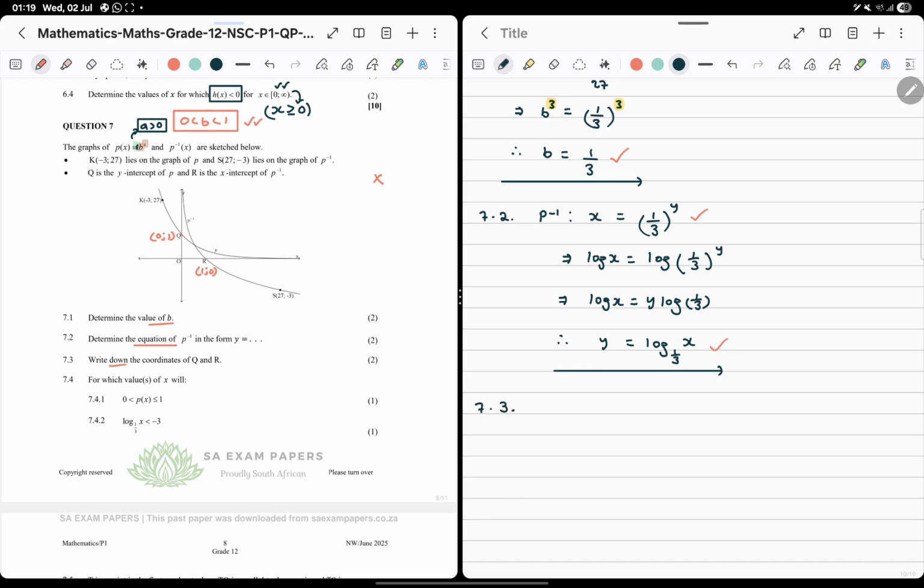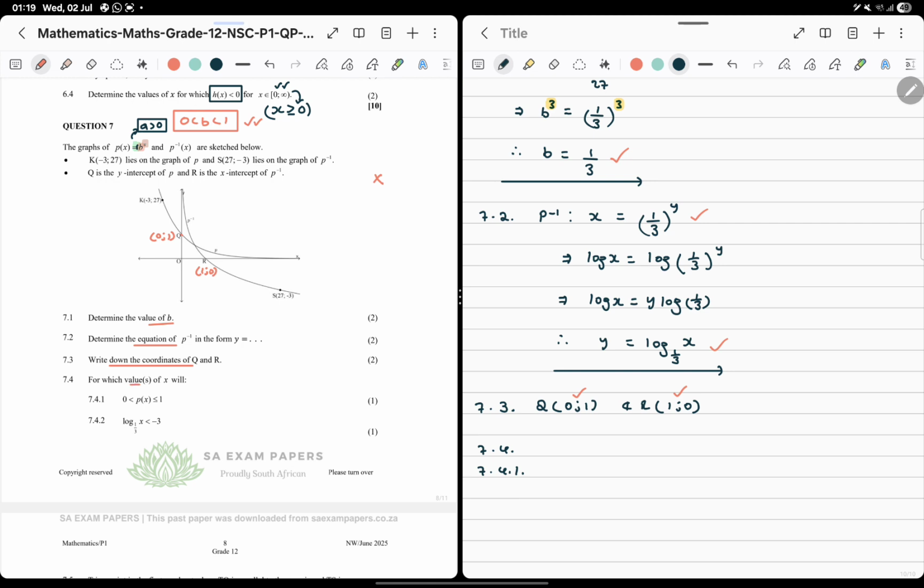Now we need to write down the coordinates of q and r. Again, we've done it. So q is 0 and 1, and r is going to be 1 and 0 because these are inverses. So 1 mark for each. Nice and easy.